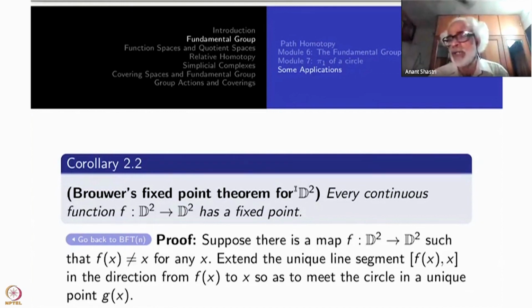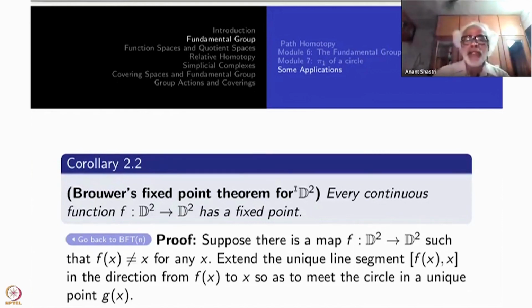Inside that line, you can take only the portion between f(x) and x. So that is a line segment. Now you can give it a direction, namely trace it from f(x) to x.